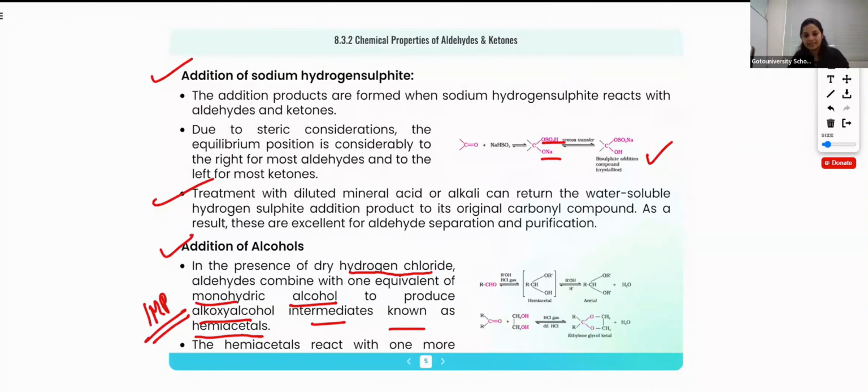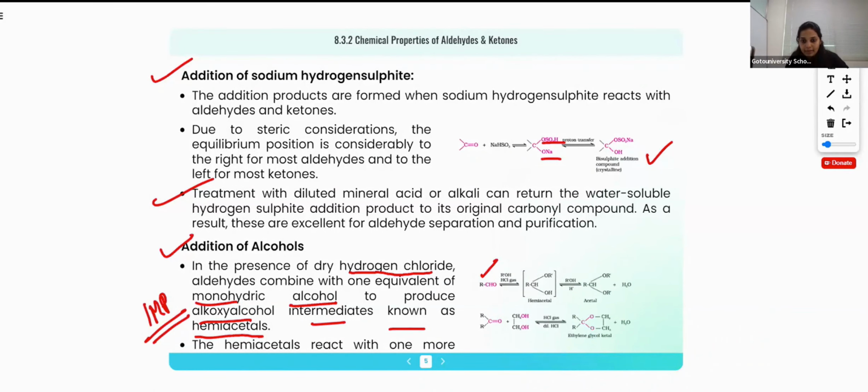Hemiacetal. What is hemiacetal? This is the aldehyde, right? This one is reacting with a monohydric alcohol, the alcohol containing only one OH group, in presence of hydrogen chloride gas. What is the product you are getting? Same thing. RCH is there, the oxygen is there, the OH group is there.